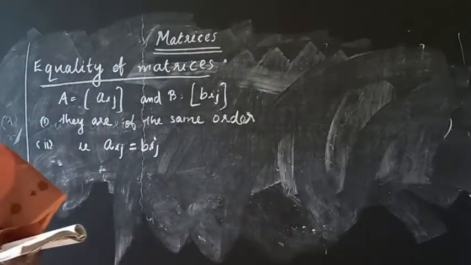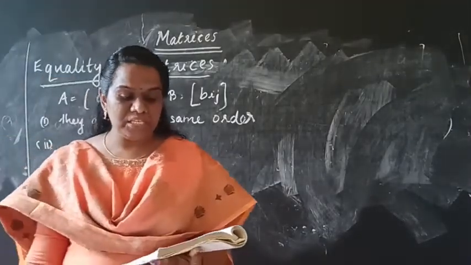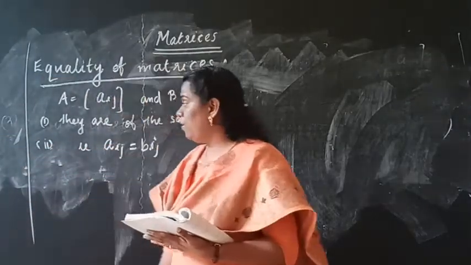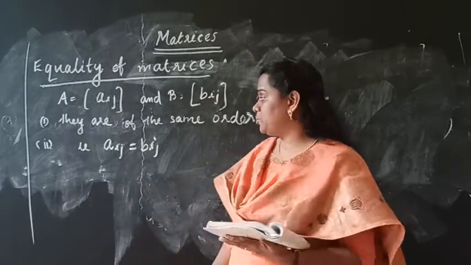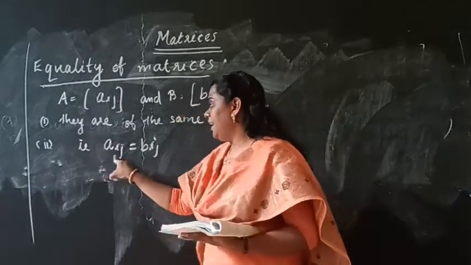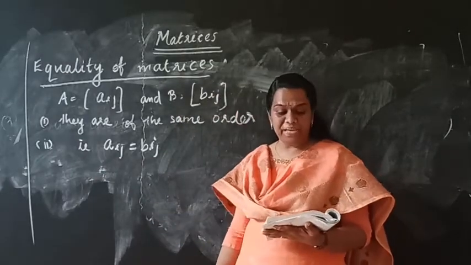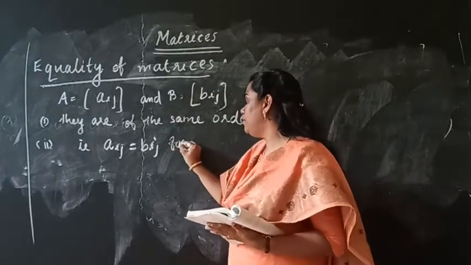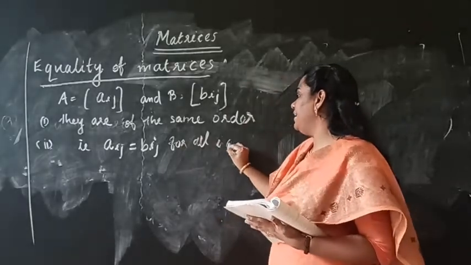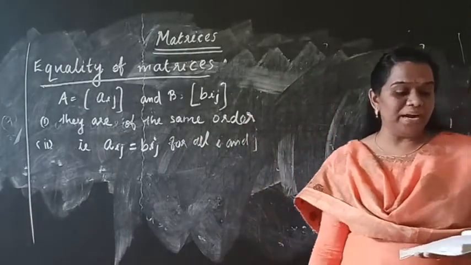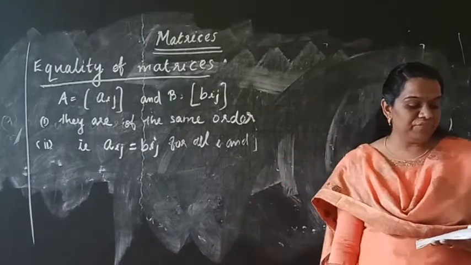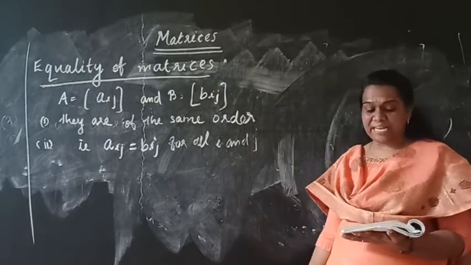Two matrices are said to be equal if they are of the same order and each element of matrix A is equal to the corresponding element of matrix B, that is Aij is equal to Bij for all i and j. I hope you understood this. What is the second condition?